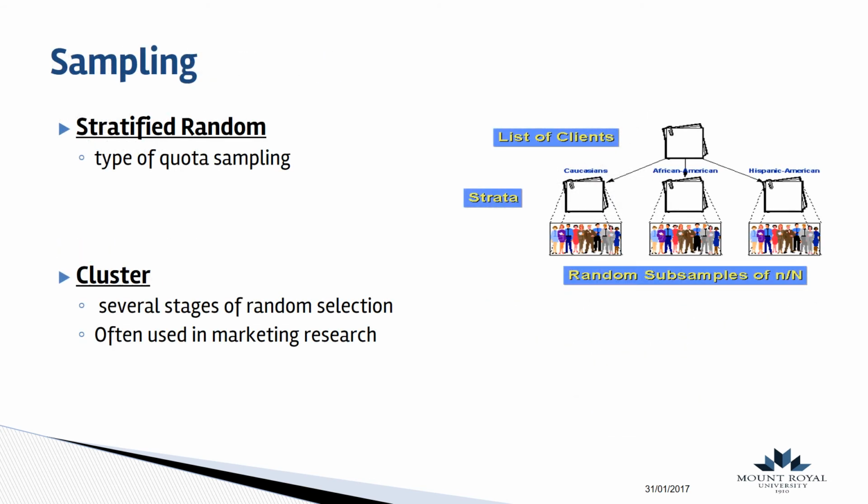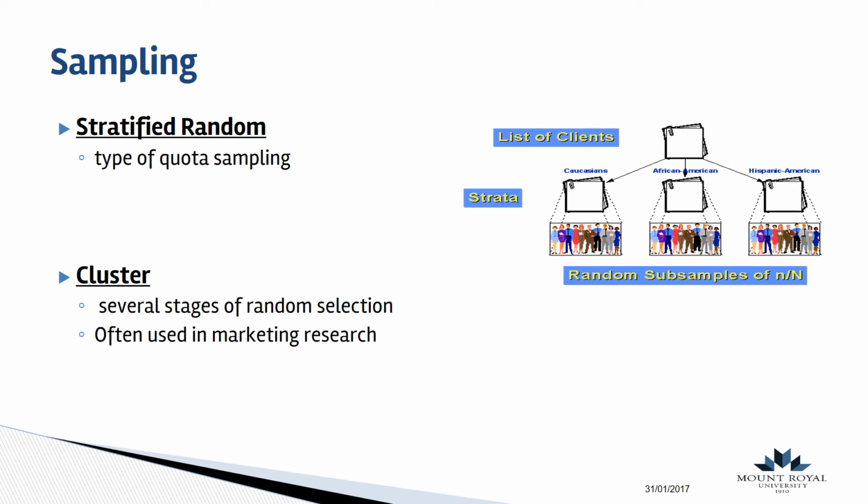Stratified random is really a type of, sometimes referred to as, quota sampling. So this is where if we know something that we feel could affect the results of our study, we take the broader population and then we divide it into strata so that we can be assured we have adequate representation of those different strata. So in the little picture you can see, we have the whole list of clients.